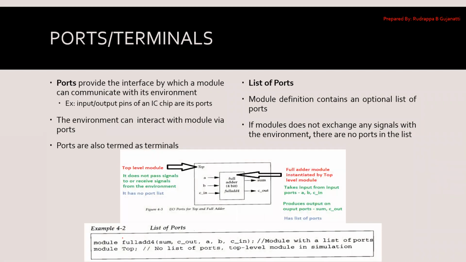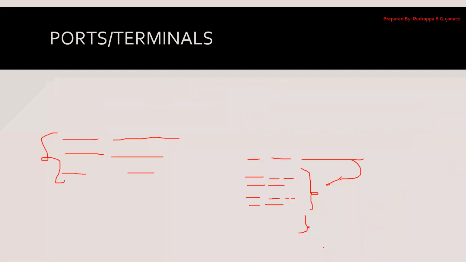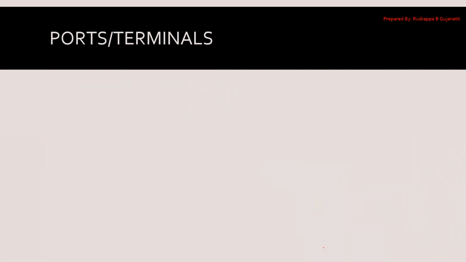Here we can see module full adder sum, C underscore out, A, B, C in. This is the module and this is the module name. Using the module name, I can create instances like full adder 4, say first adder, and then I can have the parameters.